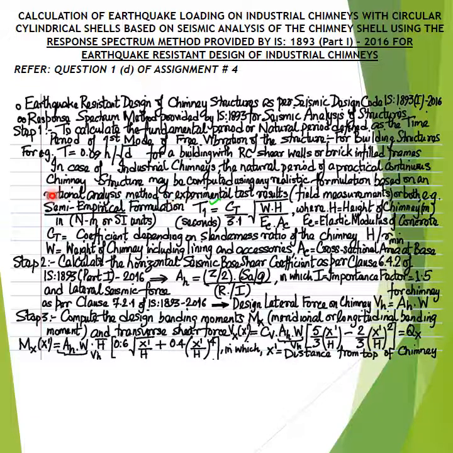For the purposes of the present course, we will apply the same semi-empirical formulation that was used or implemented to calculate the fundamental time period or the natural period of the industrial chimney structure for the purposes of calculating the crosswind loads and the related crosswind response as presented in one of the earlier slides.